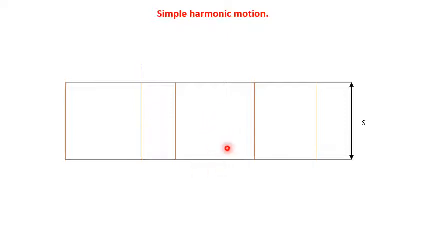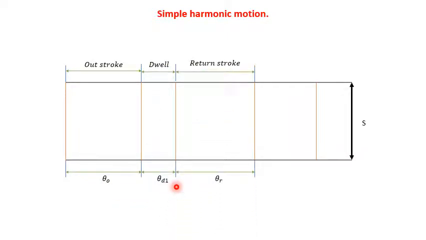This is return stroke. Then this is the second dwell. Clear? So we have to mark this out stroke as theta O, then first dwell as theta D1, return stroke theta R, second dwell theta D2. So like this we have to mark the different strokes.